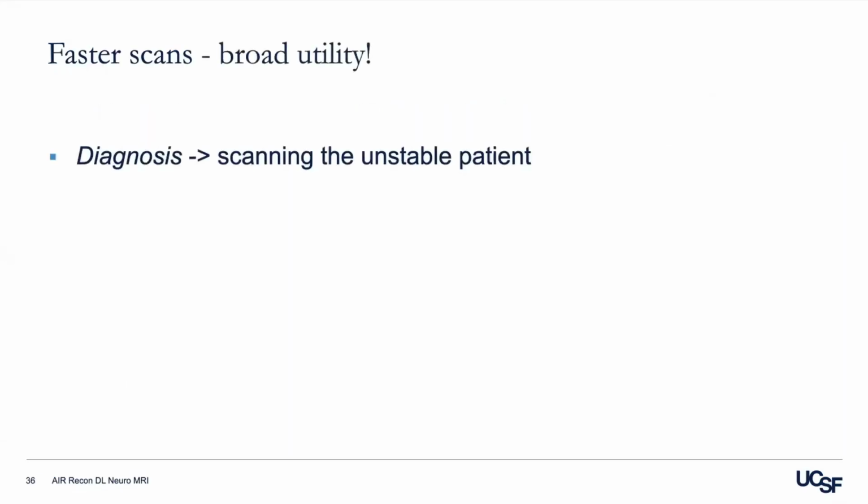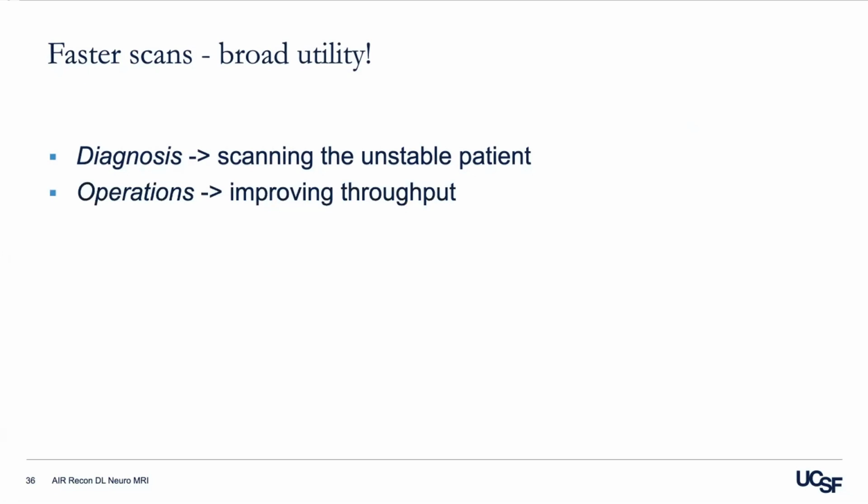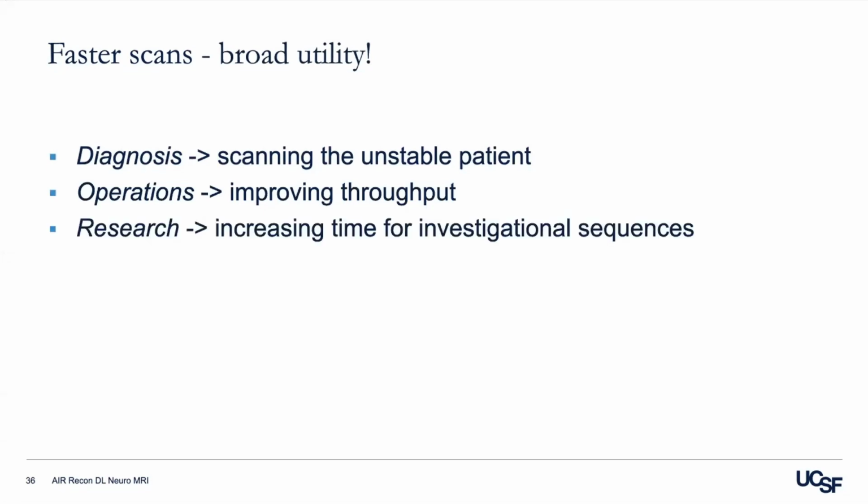So as I was mentioning, there's broad utility here. There's utility in diagnosis, right? Scanning the unstable patient, reducing that scan time, reducing the artifacts from motion by being able to bring up image quality. There's a utility for operations in improving throughput on your scanners. There's a big potential benefit for moving research forward. And what I mean by that is you can increase time for investigational sequences.